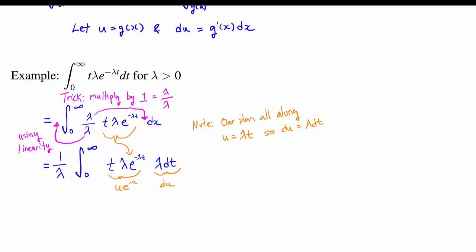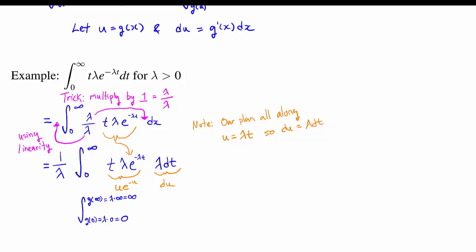And so now we use this substitution and we evaluate this at g of 0. You substitute 0 in and you get u equal to lambda times 0, which is 0, and then up to g of infinity. If you substitute t as infinity in, you get infinity times lambda, which is still infinity.